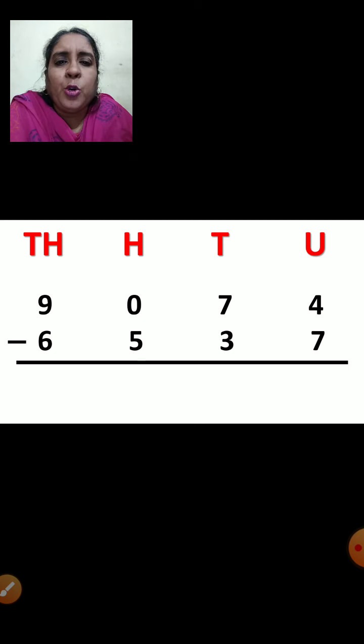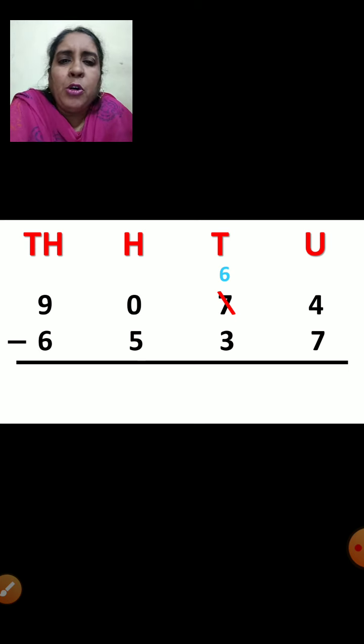Yes, you will go to the tens place. You will ask the tens to give 1 to you. So, now what will you do? You will cut 7. What will be left in the tens place now? Out of 7 you have taken 1. So, 7 minus 1, 6. Now you can go to the units place.